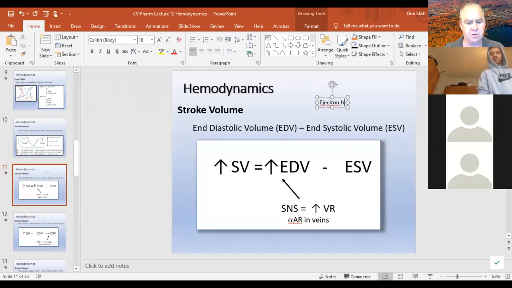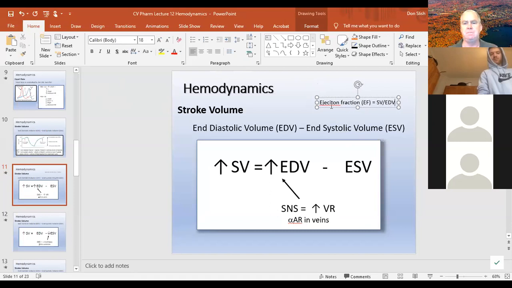Ejection fraction equals stroke volume divided by end diastolic volume.